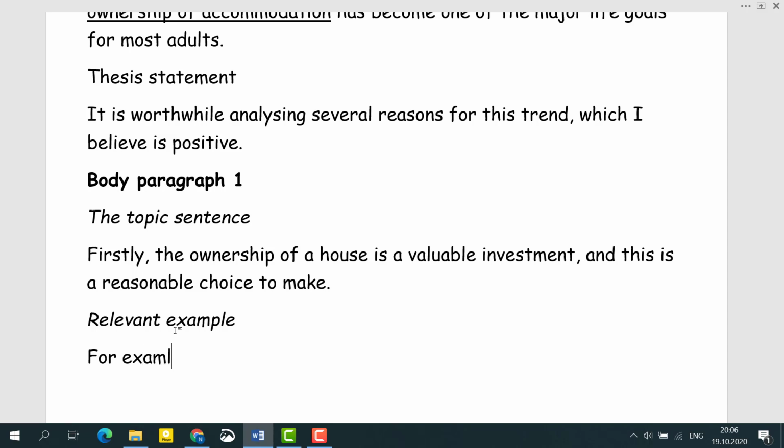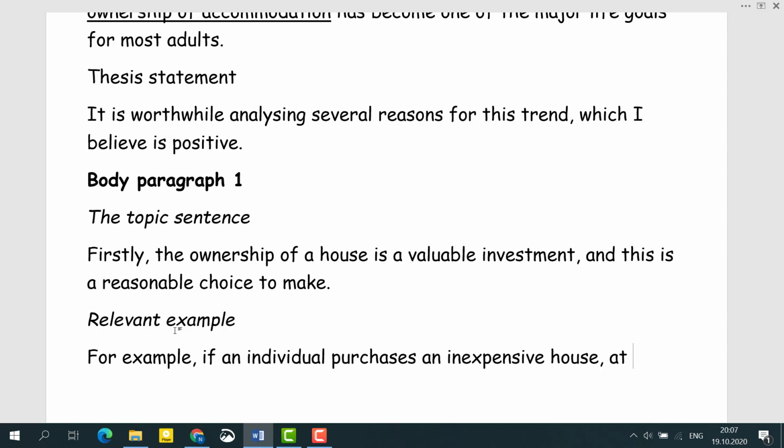So for example, if an individual purchases an inexpensive house at $100,000. Yep, here we go.